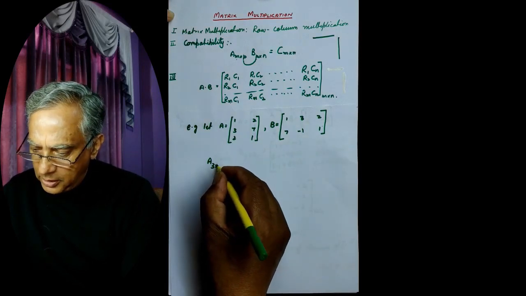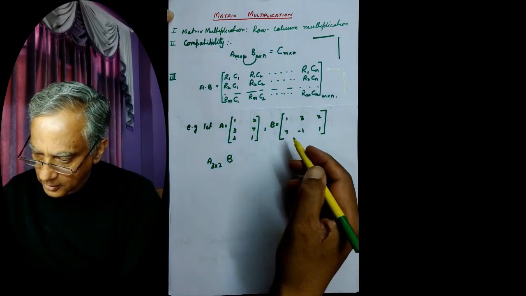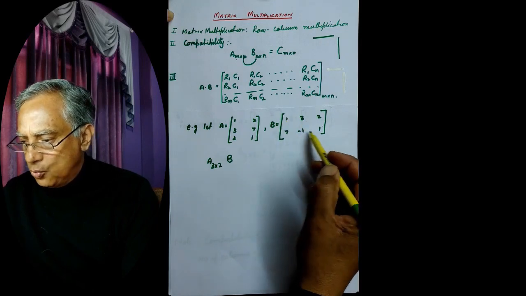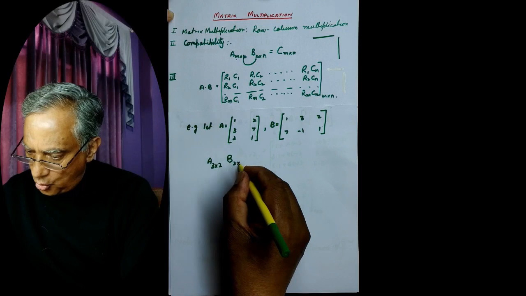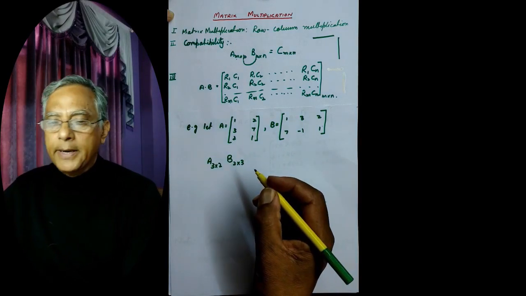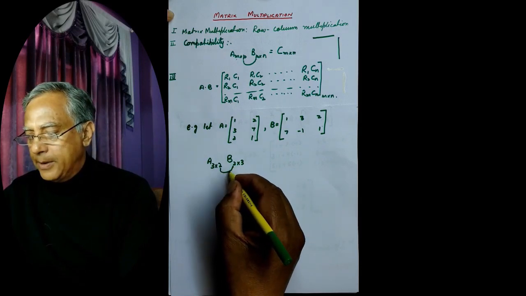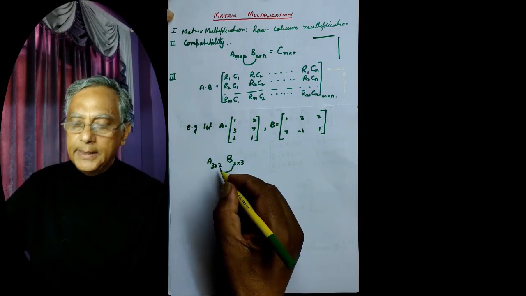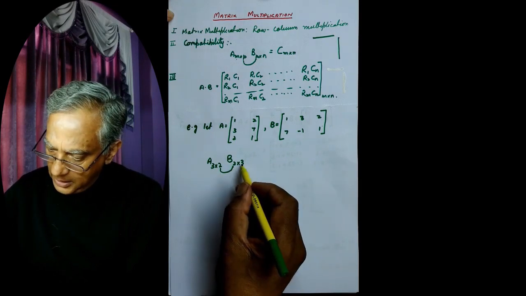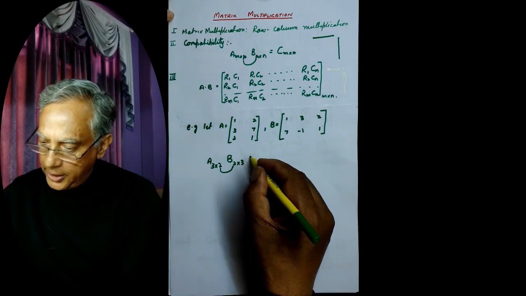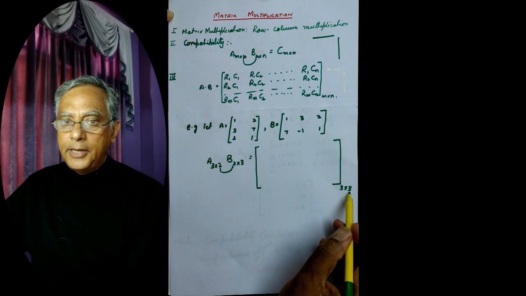So this is a 3 cross 2 matrix. And B has 2 rows and 3 columns, so it is a 2 cross 3 matrix. Now these two are equal, therefore the compatibility condition is satisfied. That is, these two matrices can be multiplied, and the result will be a 3 cross 3 matrix.